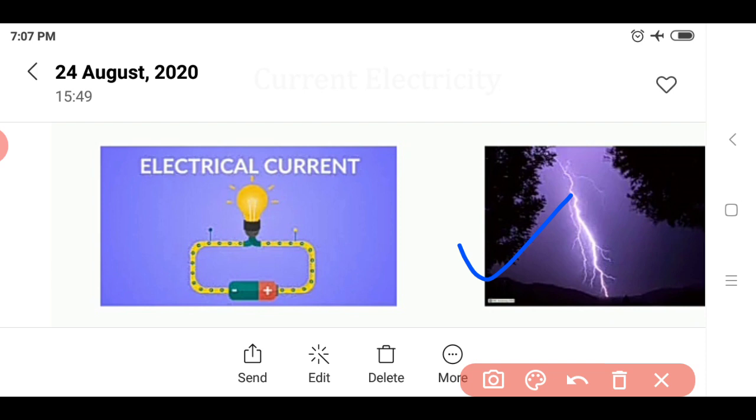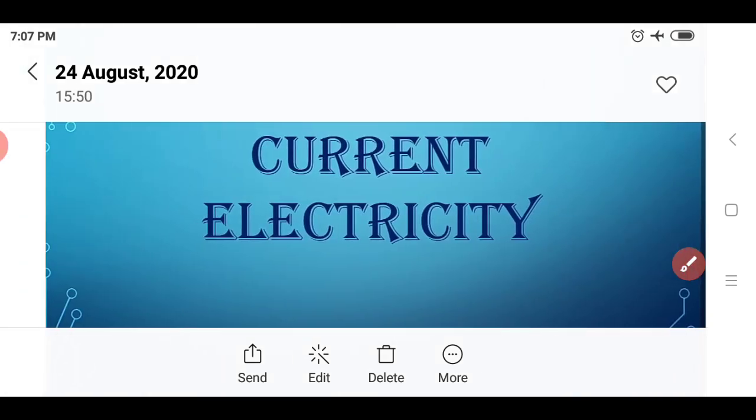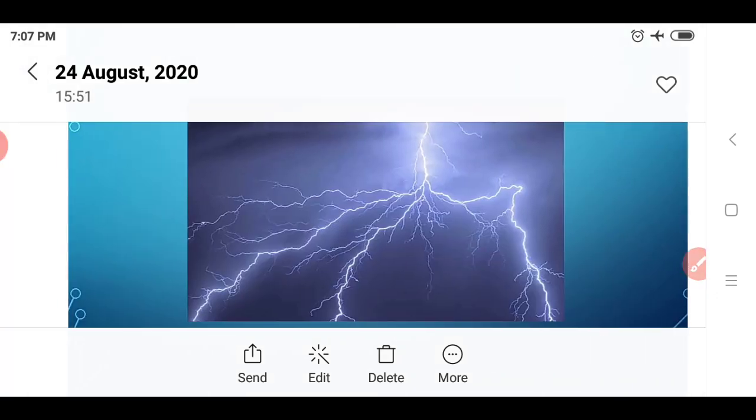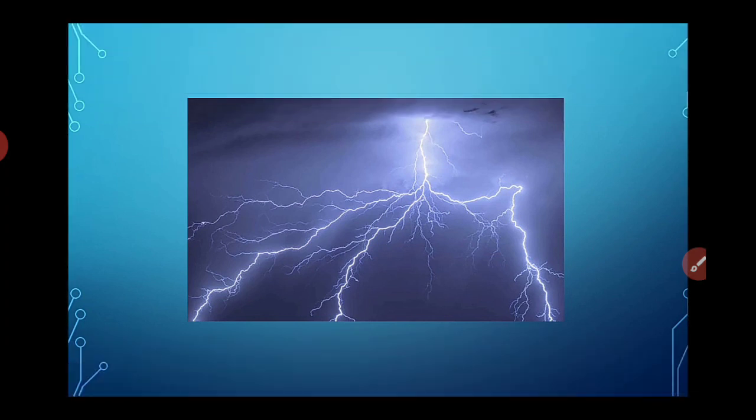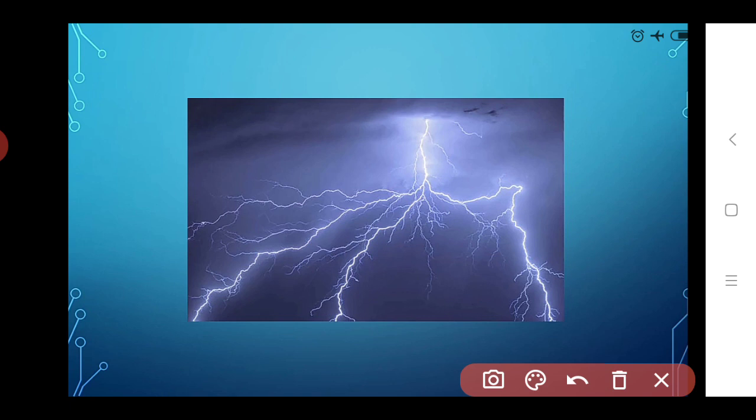Again we see another example of flowing electric current: the sensation felt by us is due to microscopically small current flowing to the brain. When lightning occurs in the sky during the rainy season, a large amount of current flows from the sky to the ground, that is, from the cloud to the ground.